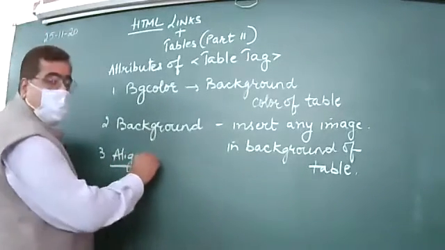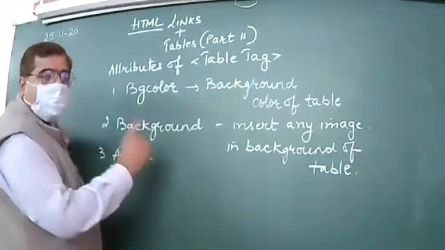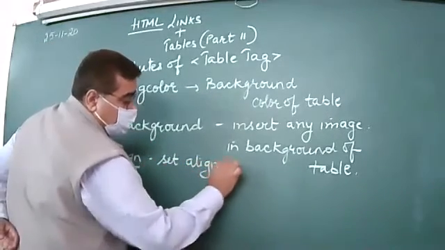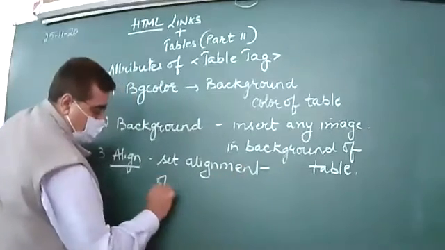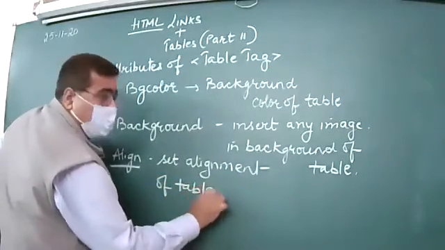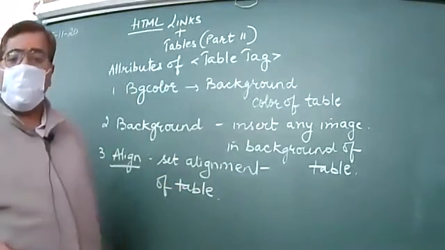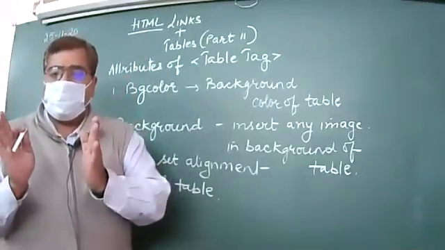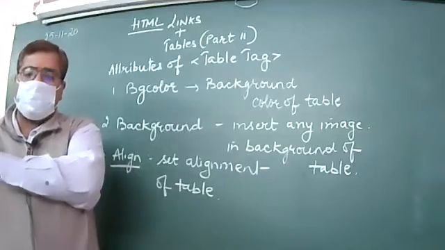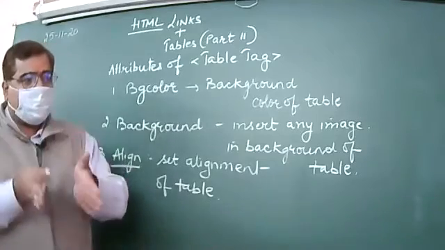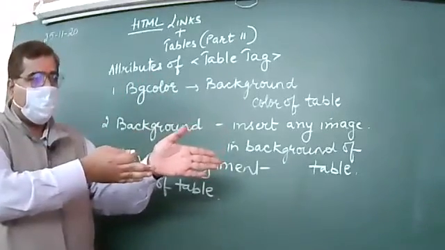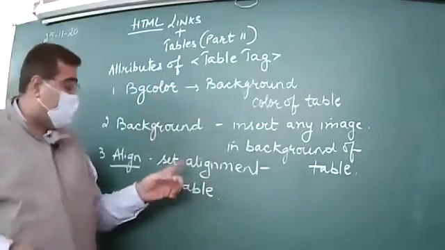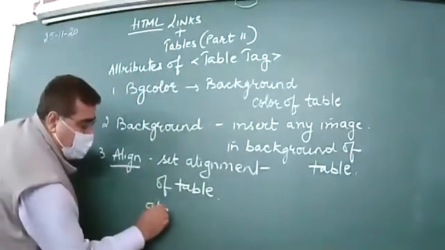The align attribute is used to specify or set the alignment of the table. The entire table will be placed in the left side, which is the default alignment, in the center, or in the right. If you want to place the entire table in the center, your value of align will be center.